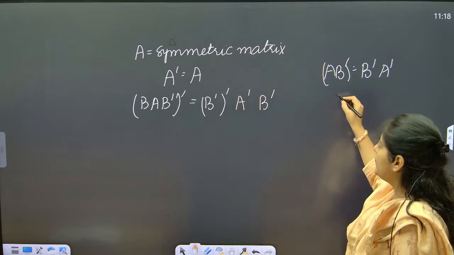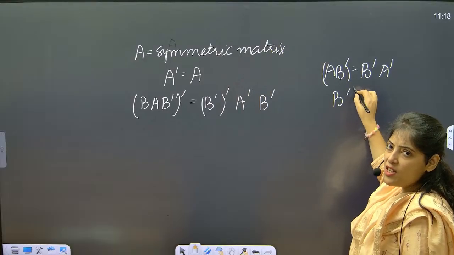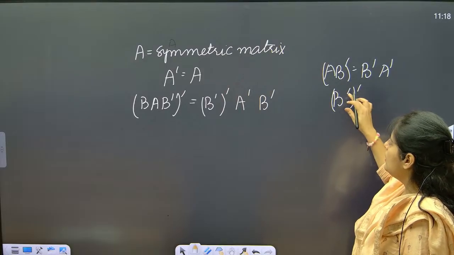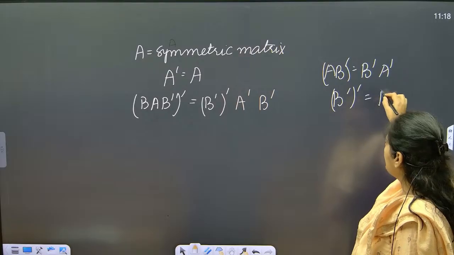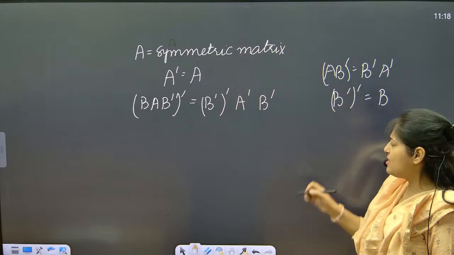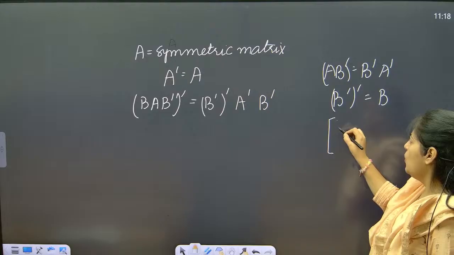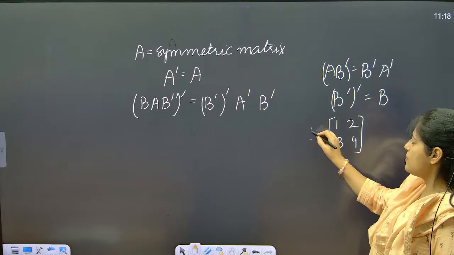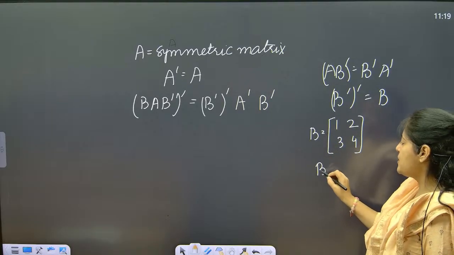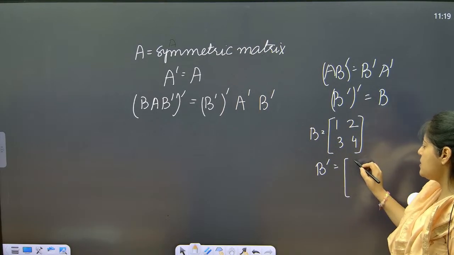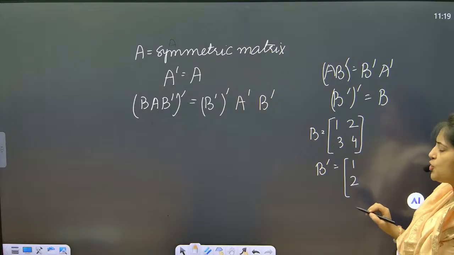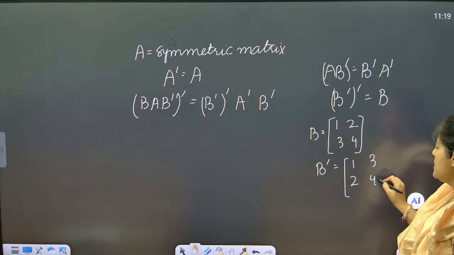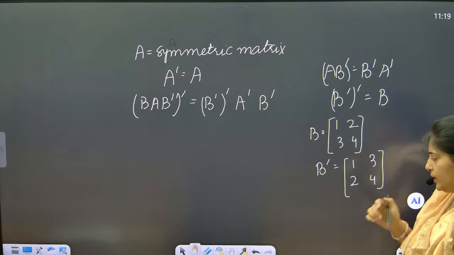And one more property: any matrix transpose, and again transpose if you take, it will come out to be the original matrix. Suppose I am talking about any matrix 1 2 3 4. This is the original matrix B. Take its transpose. B transpose is nothing but the first row will become the first column, the second row will become the second column.